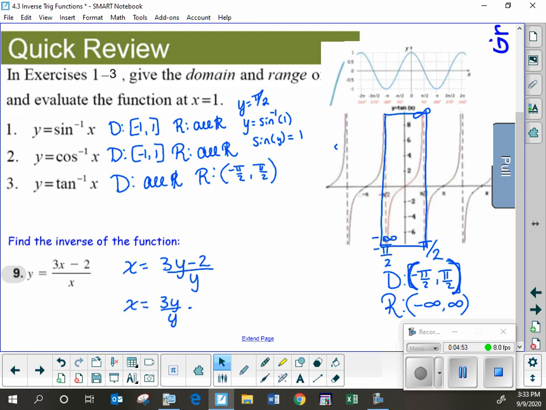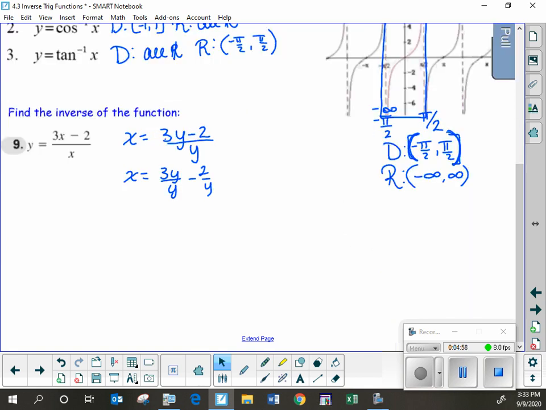Let's separate the denominator, because then I see this is clearing and I get x equals 3 minus 2 over y. And let's keep solving. I'm going to add 2 over y to the left and subtract the x to the right.